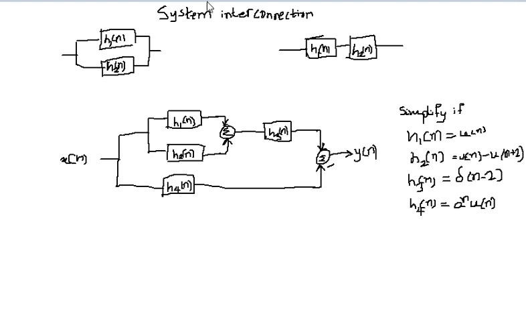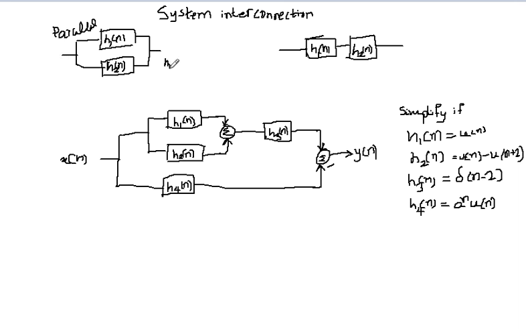System interconnection is the connection between the two components or two sub-systems. Here h2 of n and h1 of n are two signals, and if they are connected in this fashion, it is referred to as a parallel combination, which is represented by the plus sign.